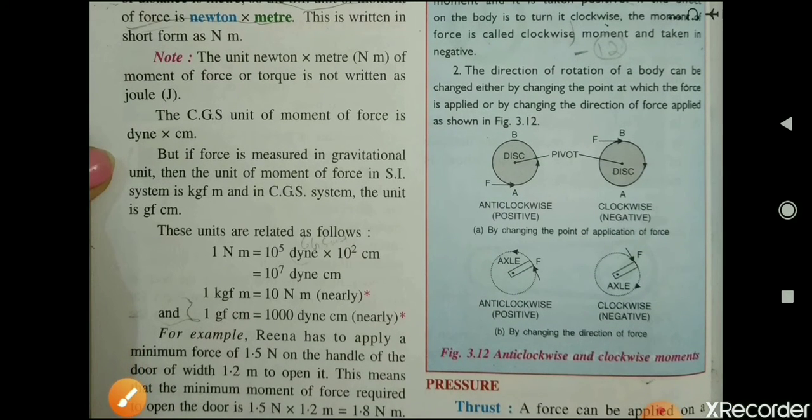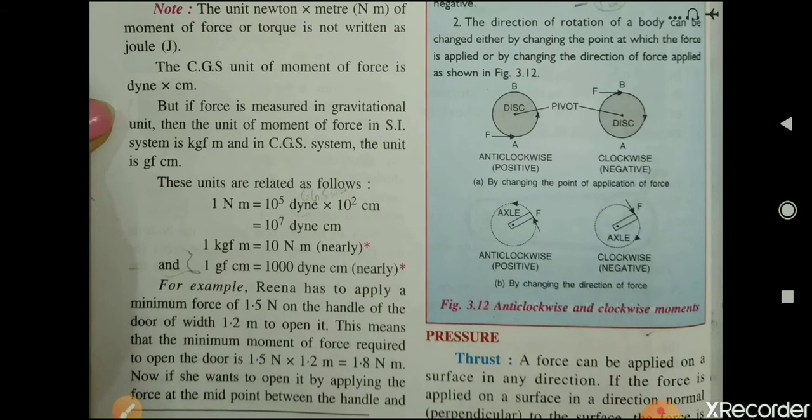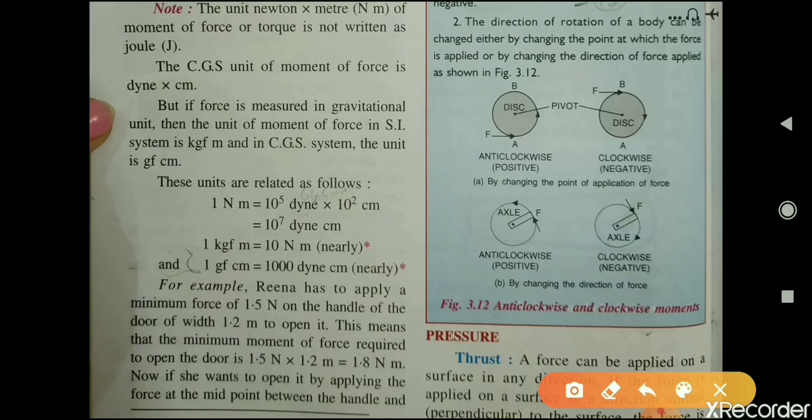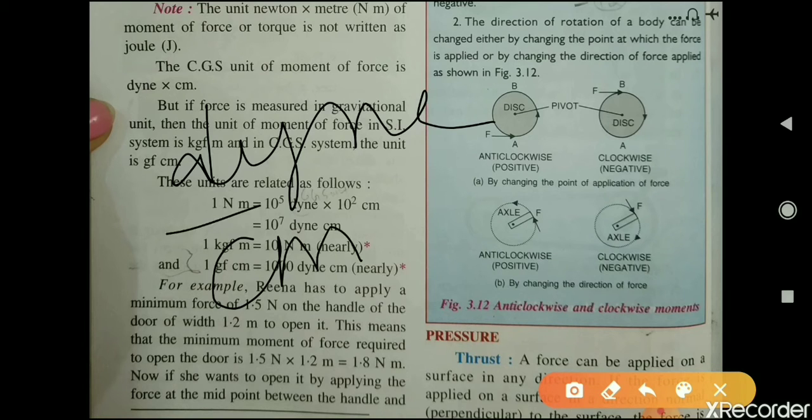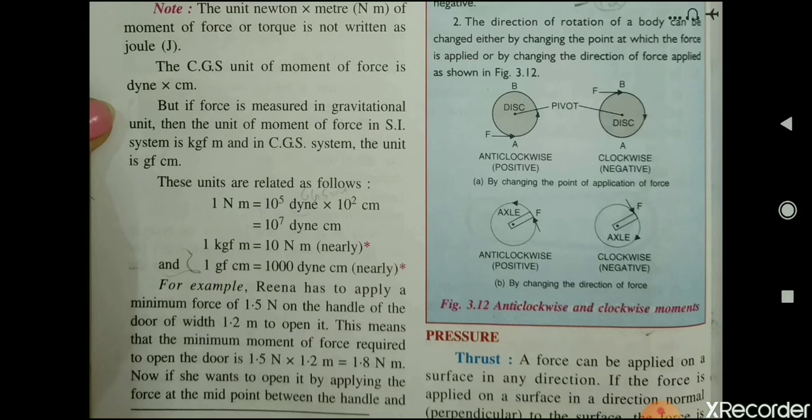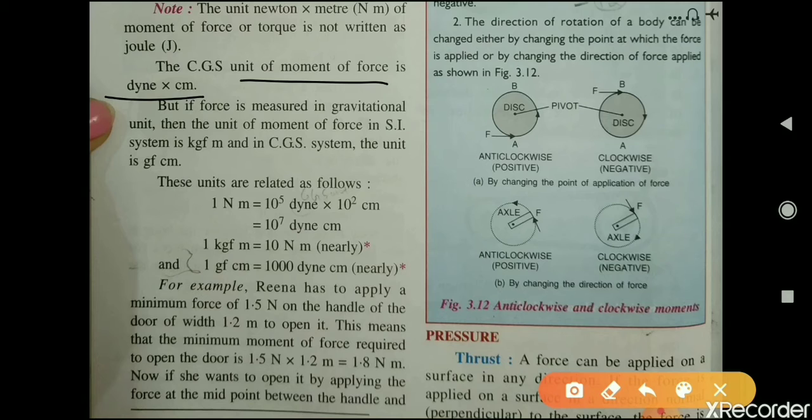In the CGS system, the unit of moment of force is dyne centimeter, because the unit of force in CGS is dyne and the unit of distance is centimeter.